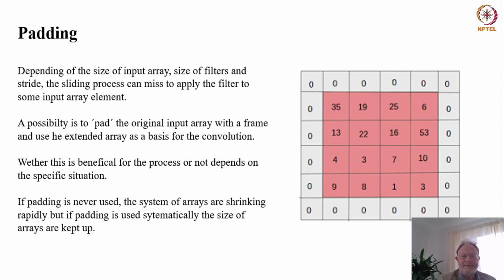So one way then is to actually extend the image frame with some dummy elements on the border. Of course, these are not informative because they are just put there to get some space. But if you do that, then you may counteract the state of affairs that you cannot really measure every corner of the image.